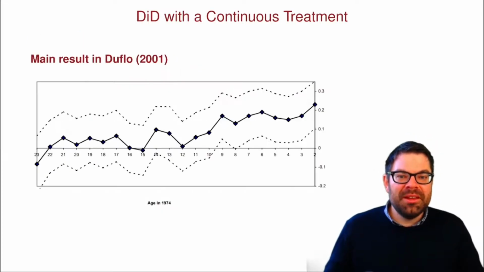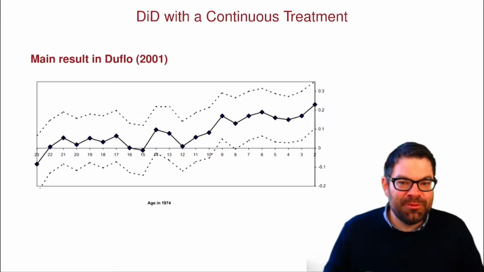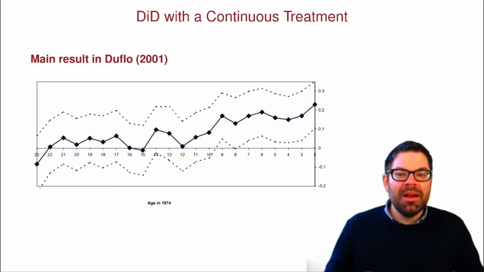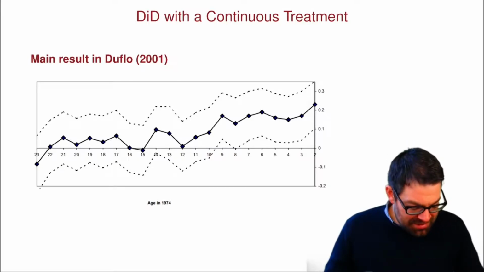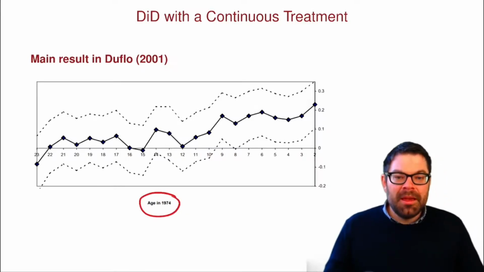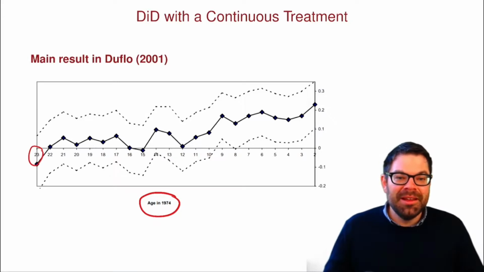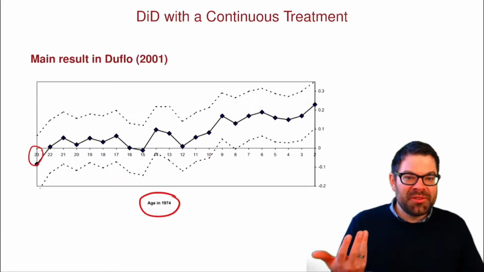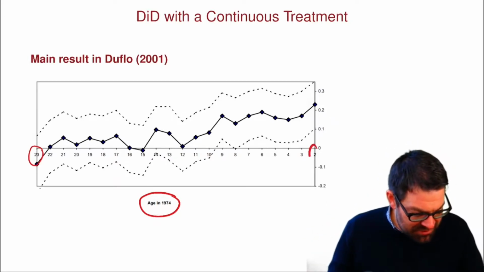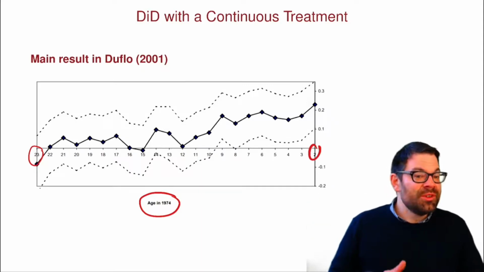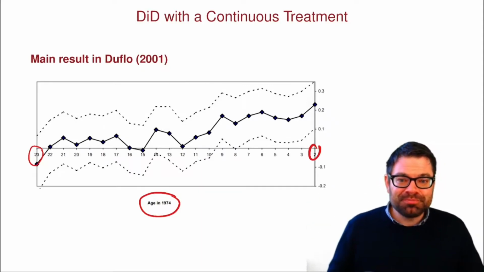And so what's happening here is probably best seen from that graph. So this is the age in 1974, and obviously those who were 23 in 1974 in that sample were the oldest people, and those who at the start of that program in 1974 were 2, these are the youngest people in the sample.